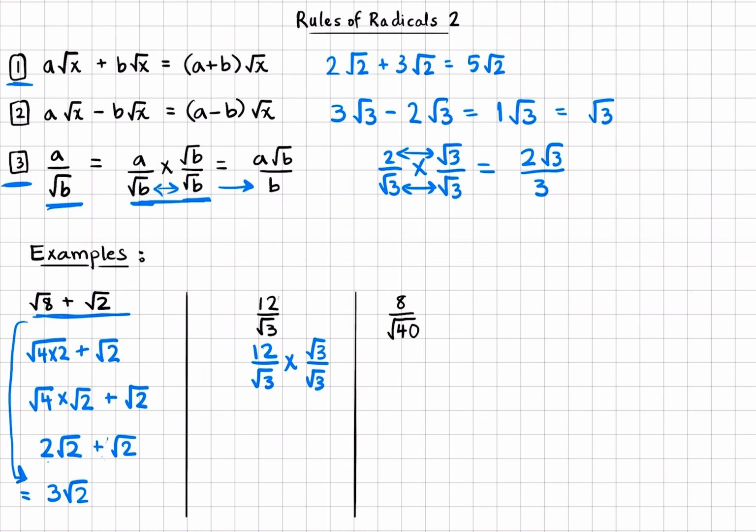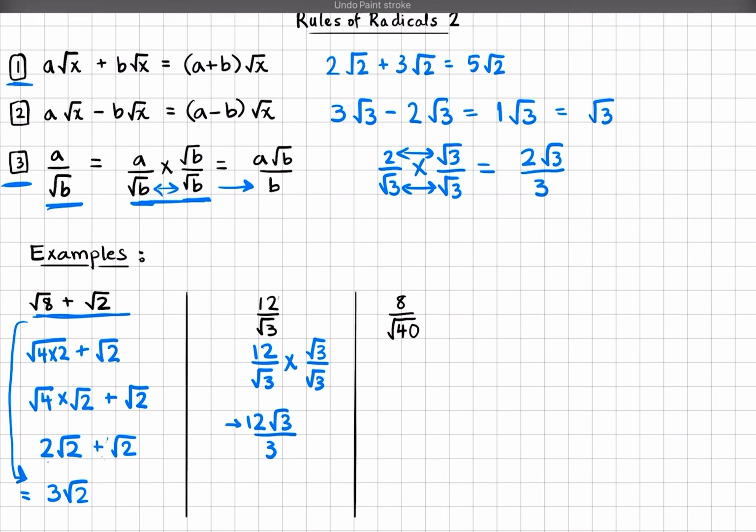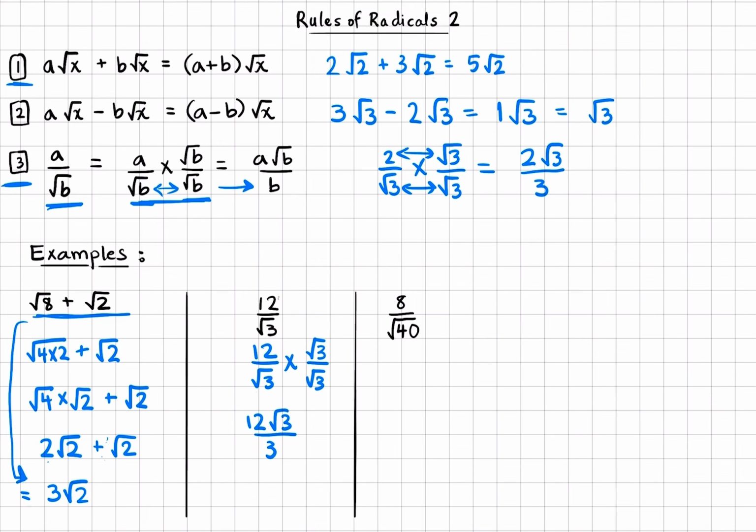And this in turn is going to give us 12 square root 3 divided by, the square root is going to disappear, and we'll just have the number 3. Right? Final step is we see that, oh, we have a 12 here as a numerator divided by 3, and 12 divided by 3 is 4. So our final answer here is going to be 4 square root 3.